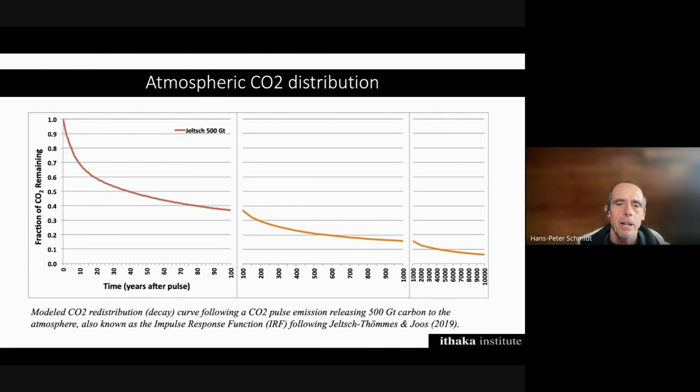So after 100 years, the CO2 that was emitted still does global warming, but only like 38% of it. The other carbon went to these other carbon pools. And then you get this distribution to the other pools for longer and longer, but it will take more than 1 million years until, after the models, you would not have any CO2 of this initial emission anymore.